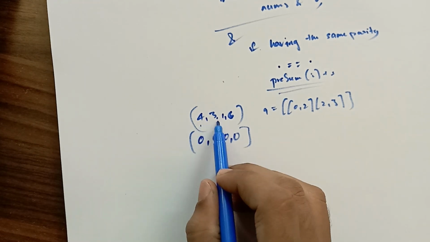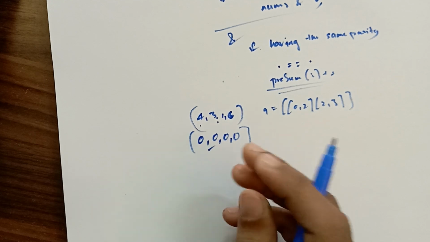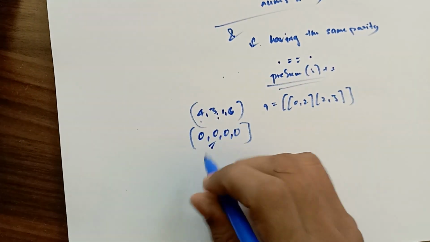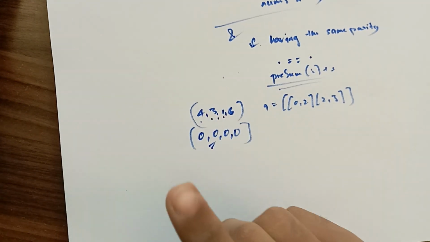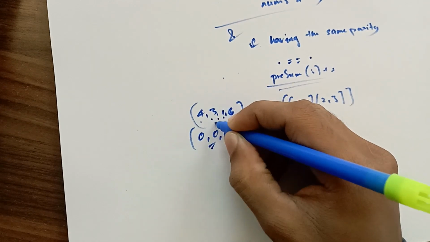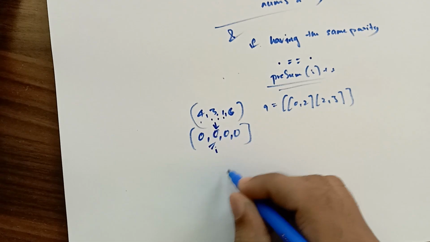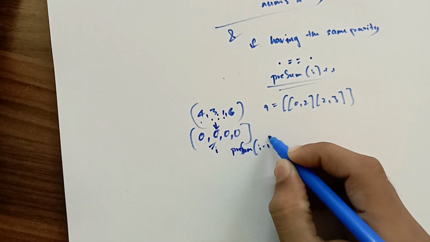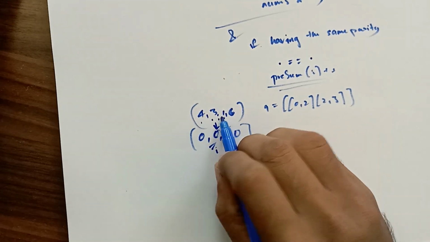Now 4 and 3 are having different parity, so no need of incrementing our prefix sum. And here the important thing is, when you get to this index, it should be initialized with the previous index value.